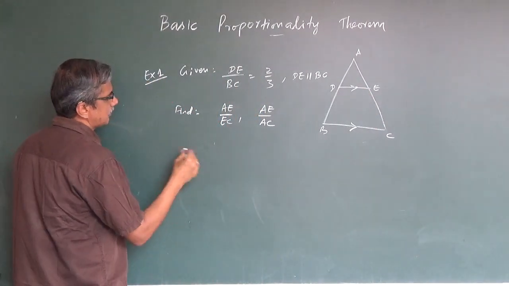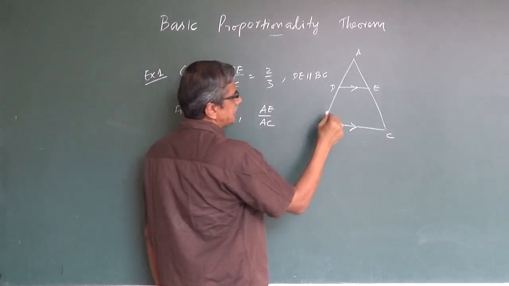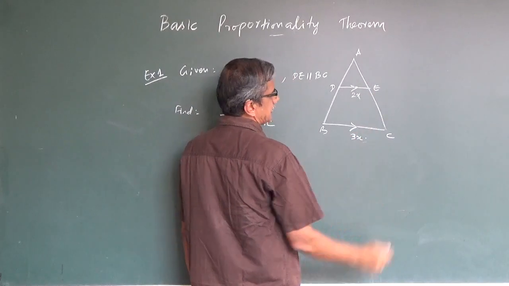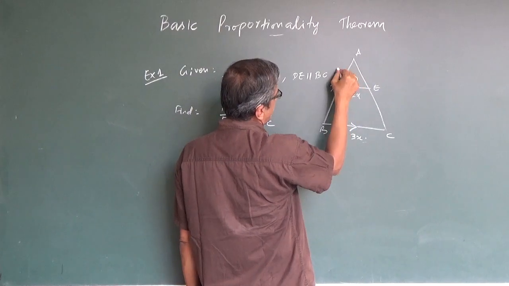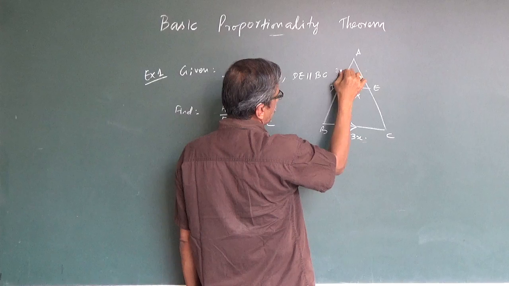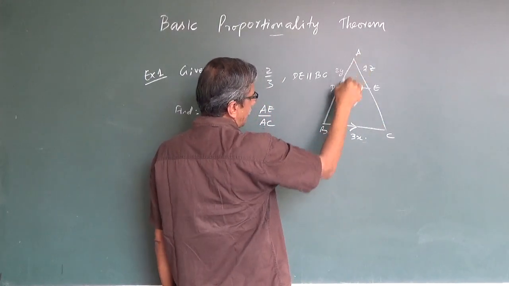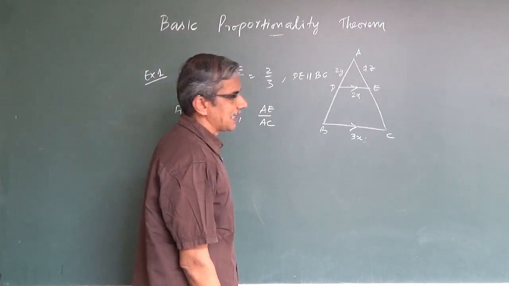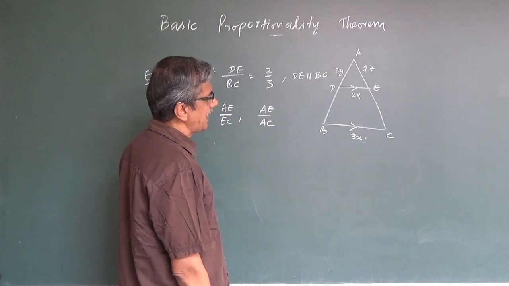So what we do is, how to find this? If this is 2x, this is 3x. This will be 2y and this will be 2z, and this complete will be 3y, and this complete will be 3z, because these are similar triangles.